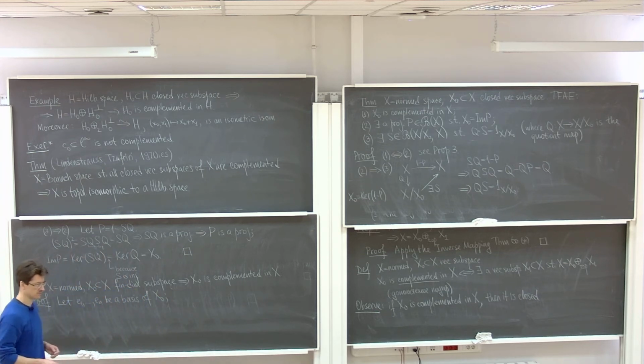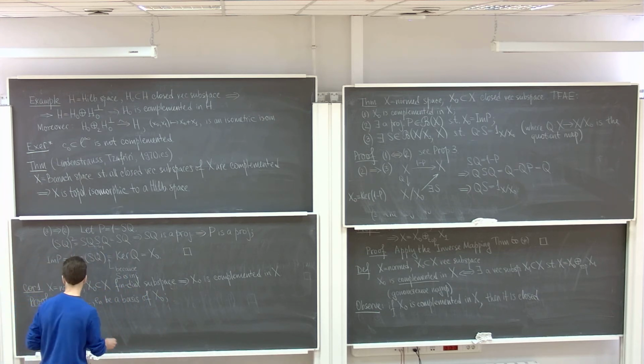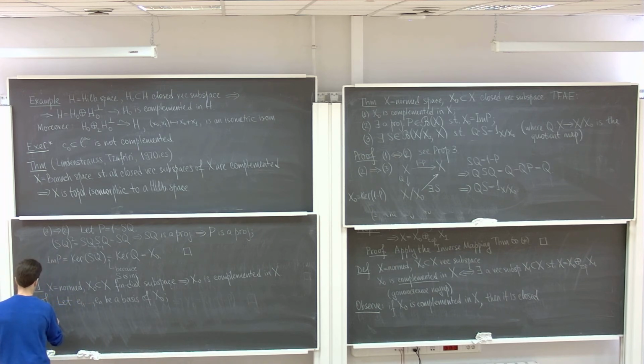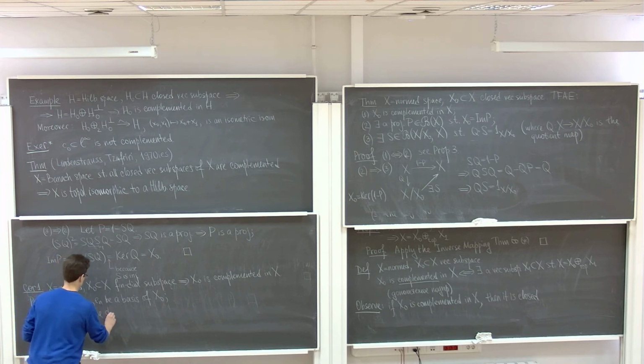And we consider the dual basis of the dual space. Let, say, F1 to Fn be the dual basis of X0 star.